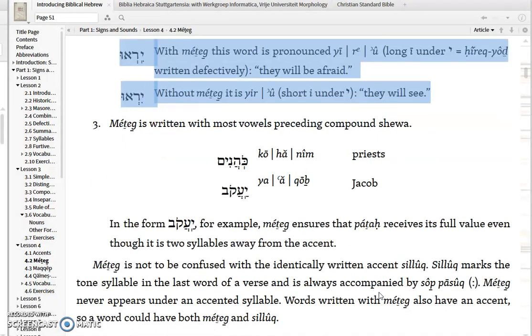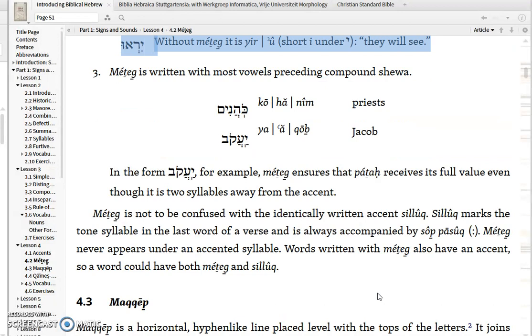Now, it turns out that the metheg is identical in form with one of the accents. The accent that is on the very last word in a verse is also a little line like that. It's called a siluk. It marks the tone syllable of the last word of a verse, always followed by 2 little dots, the sof pasuk.